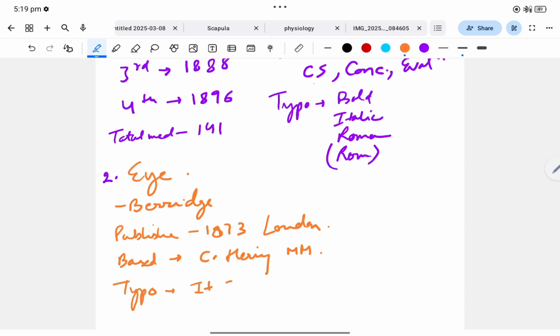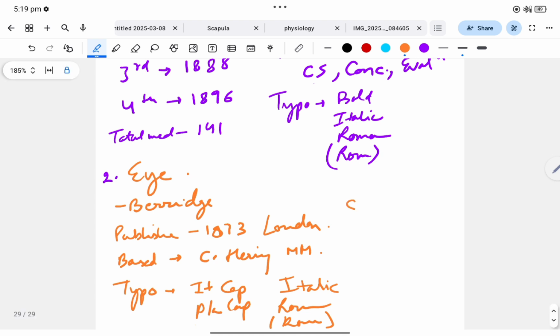Now typography: italic capital, plain capital, italic, Roman, and Roman bracket. Here this typography is not used for gradation of the remedies. Now plan and construction.